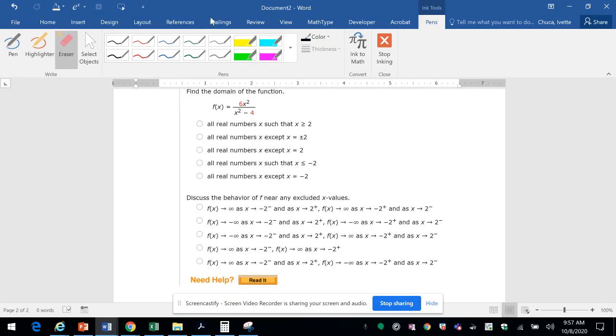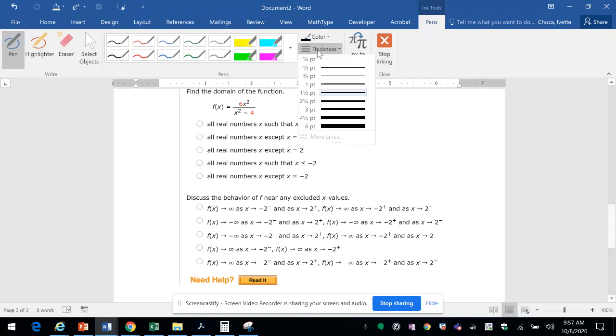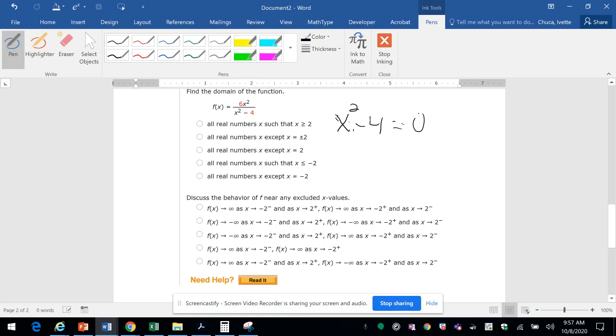So number 3, first we want to find the domain. Since we have a fraction, we're going to set the denominator equal to 0. So we're going to add 4 to both sides and take the square root.